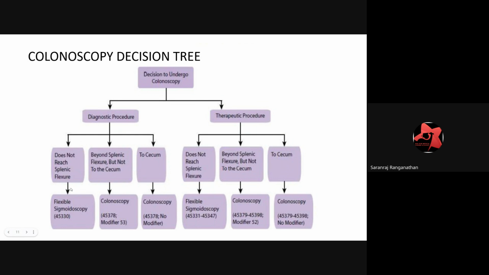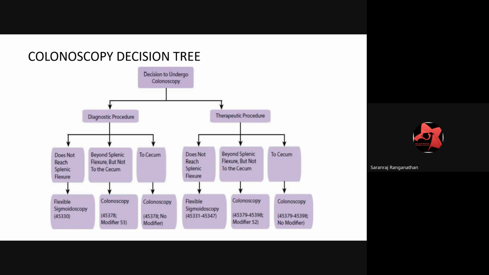Okay. So next one, beyond the splenic flexure but not to the cecum. So they crossed the splenic flexure. They have seen the transverse colon but not reached the cecum. So near the appendix they didn't see. So only the transverse colon they have reached means in that time we have to use the CPT for the diagnostic code 45378 with the modifier 53.